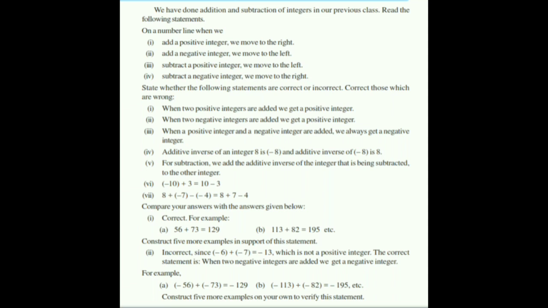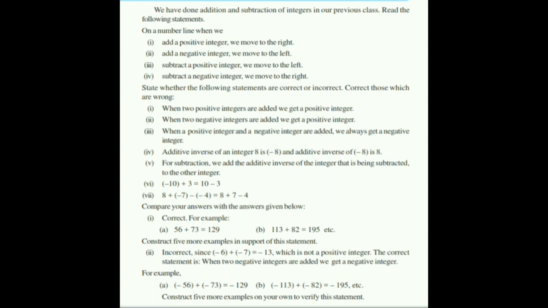The third statement is, when a positive integer and a negative integer are added, we always get a negative integer. Children, let us understand this also with one example.